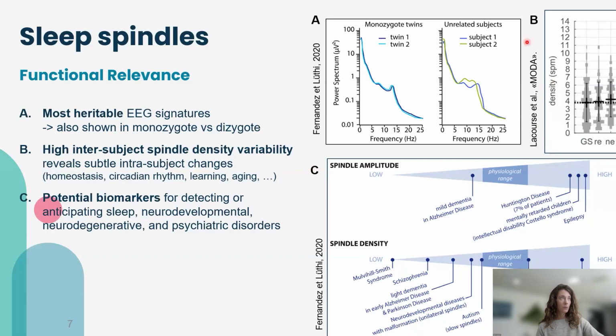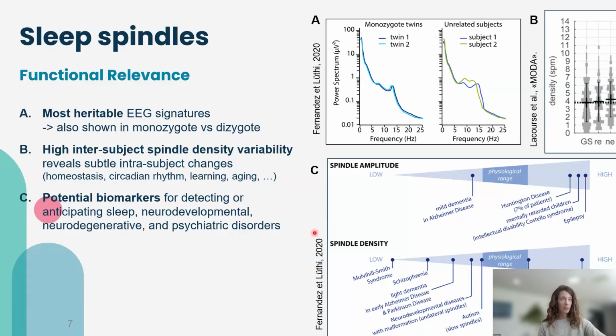I want you to look at picture B, still extracted from the MODA project. This data represents 180 subjects, and we can see the scoring of the spindle density from three groups of humans. I want you to focus on the first one. GS is for gold standard. As you see, the spindle density of this group was varying from 0 to almost 11 spindles per minute, with an average of 4 spindles per minute.